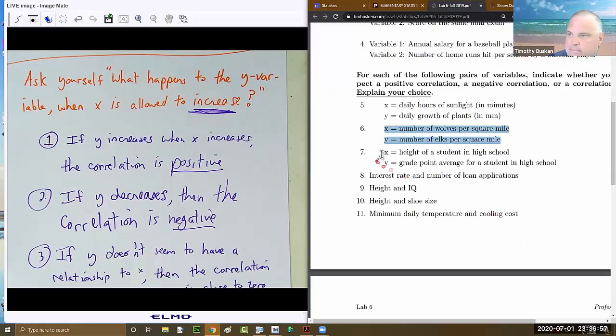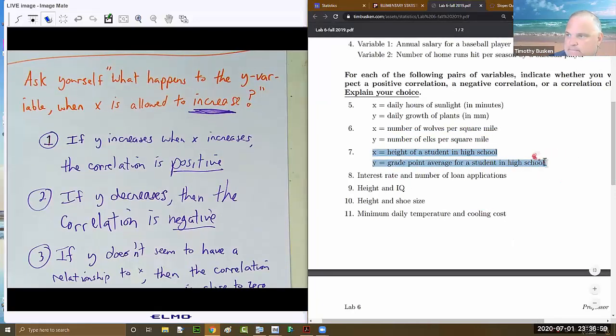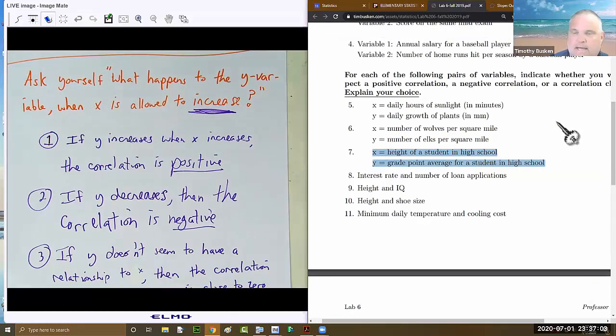And then in problem 7 here, X is the height of a student in a high school, and Y is the grade point average for that student. And so now I'm asking myself, if a sequence of students' heights start to increase, does that mean that their grade point average will go up or will go down?